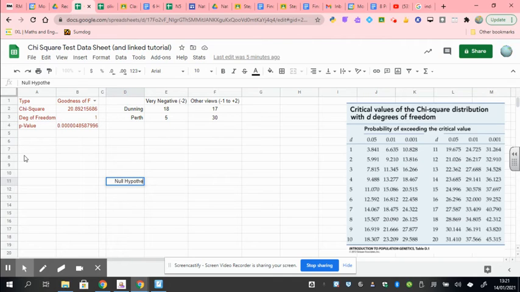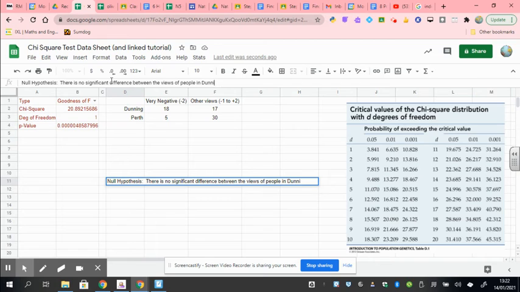The null hypothesis would always start as follows: there is no significant difference between the views of people in Dunning and Perth towards modern housing developments. Now, it doesn't really matter what your geography study is.